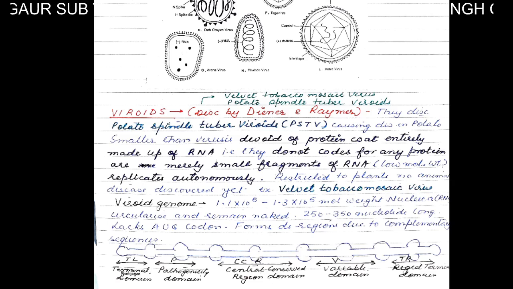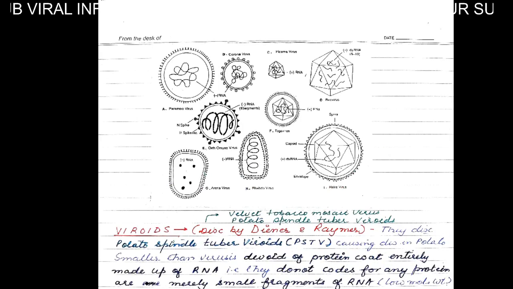You might have studied, or in the previous lecture I spoke regarding, the viruses which contain an envelope of proteins called the capsid, which is made up of capsomeres, and the genetic material is encased in the capsid.